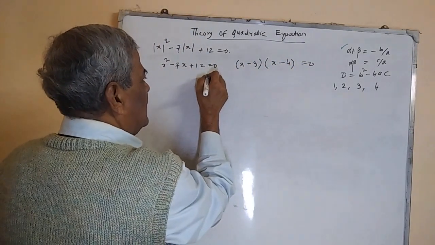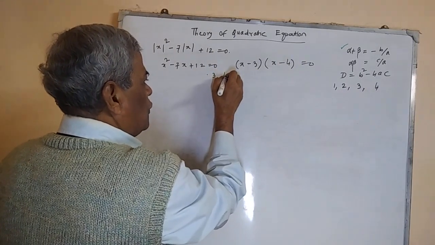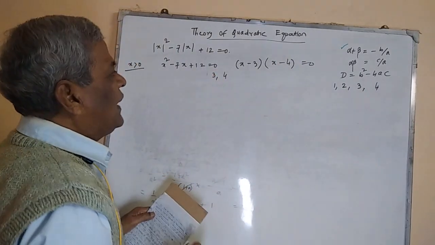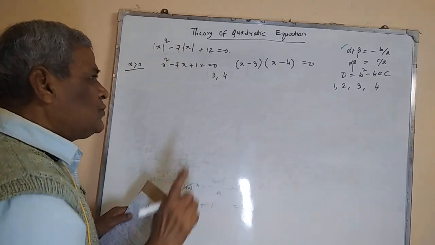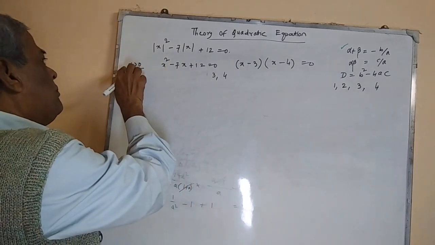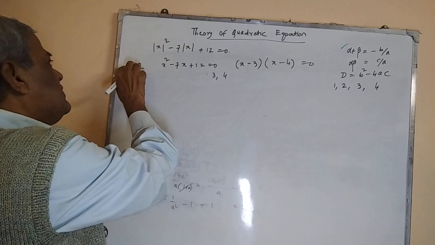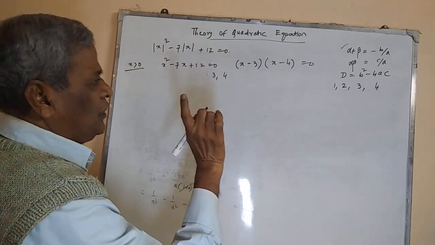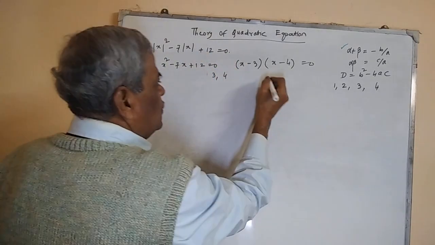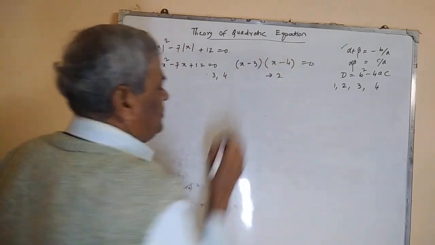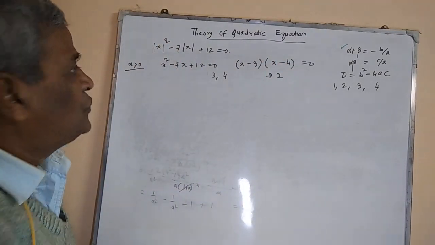So roots are 3 and 4. Both are real and positive. We have taken that x is positive, so roots are positive. So in this case, we have two roots, one is 3, other is 4.